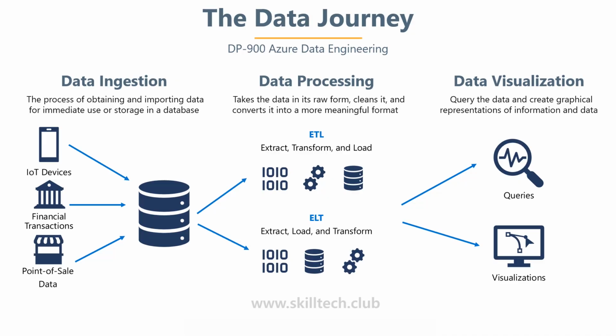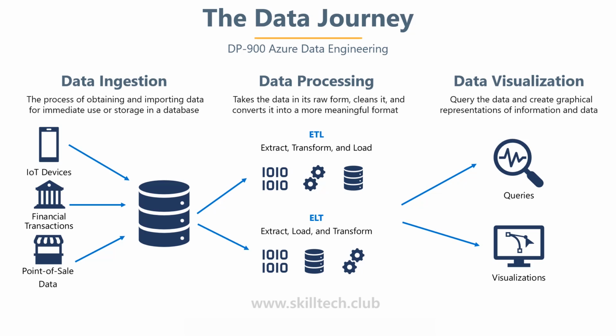Data processing takes the data in the raw format, cleans it, and then converts it into a much more meaningful format, which covers two parts. We have ETL, which stands for extract, transform, and load. And then we have ELT, which is extract, first load, and then transform. What is the difference?